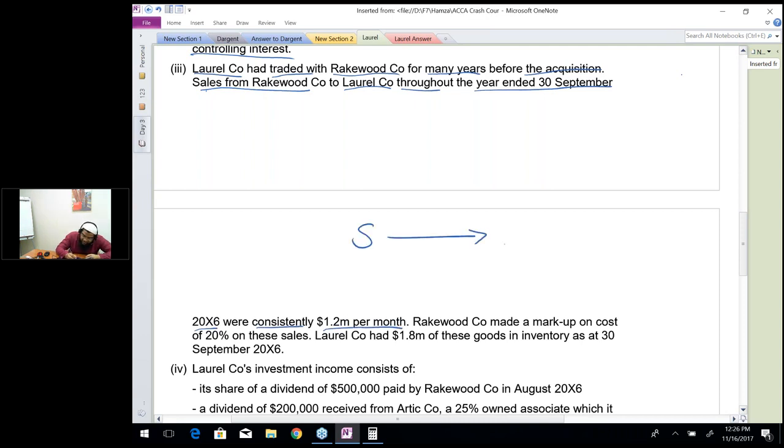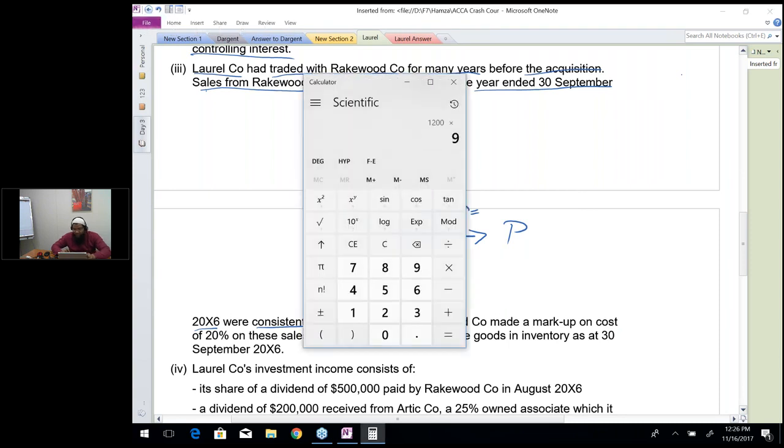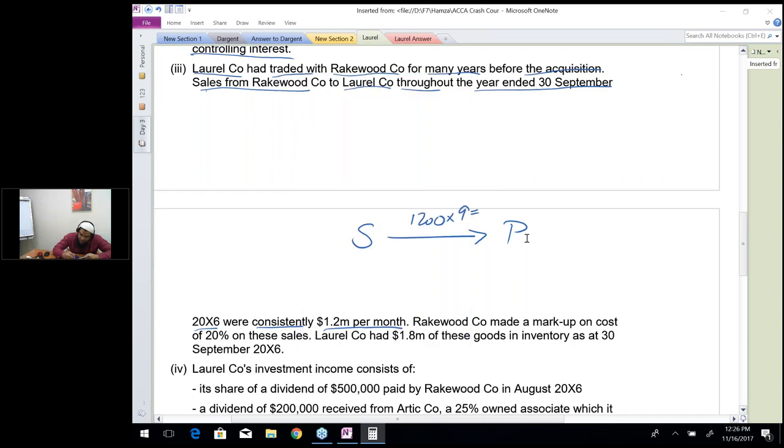So subsidiary has been selling goods to parent for 1.2 million per month, and it has been 9 months since the group structure had been created. So 1200 into 9 is going to be 10,800. So we are going to say that 10,800 of the sales have been made after the group structure had been prepared.